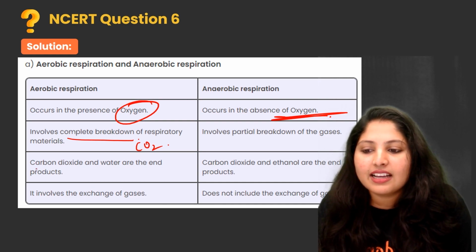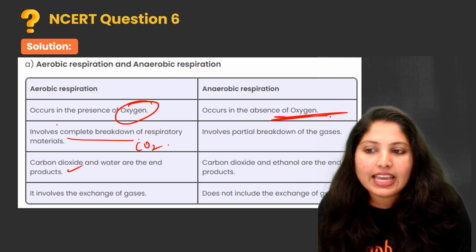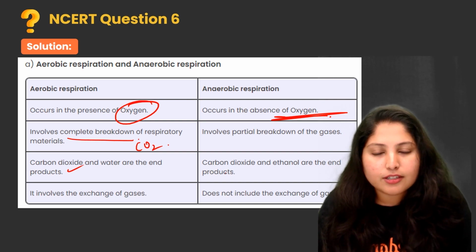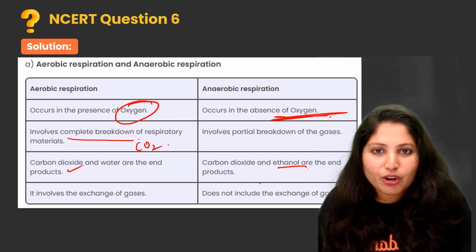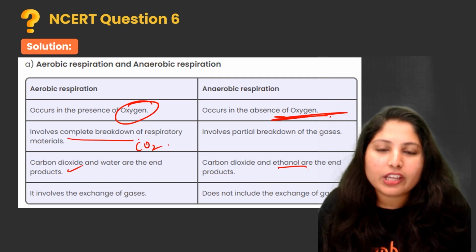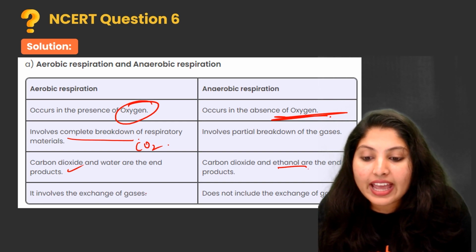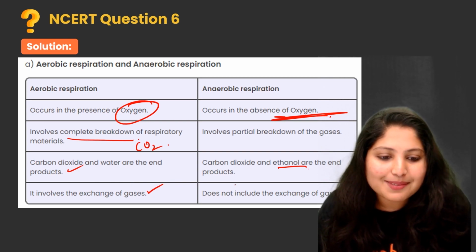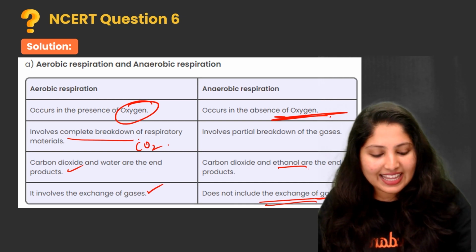Next, carbon dioxide and water are the end products in aerobic respiration, but in anaerobic respiration some amount of carbon dioxide is also formed along with organic molecules like ethanol and lactic acid. Next, exchange of gas takes place in aerobic respiration, but in anaerobic respiration there is no exchange of gases. Okay.